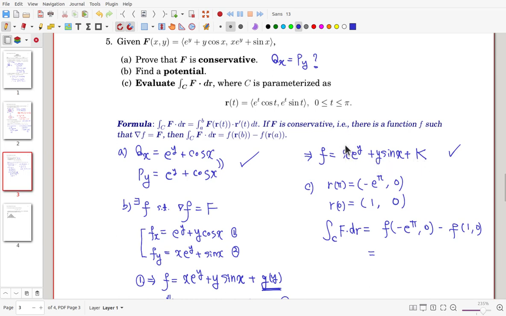X is e to the minus pi, so that is minus e to the pi times e to the 0, which is 1. Minus f at 1, 0. X is 1, y is 0, which is 1, and then this one is 0. So that's the final answer.